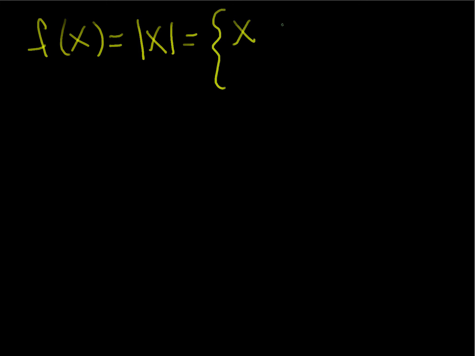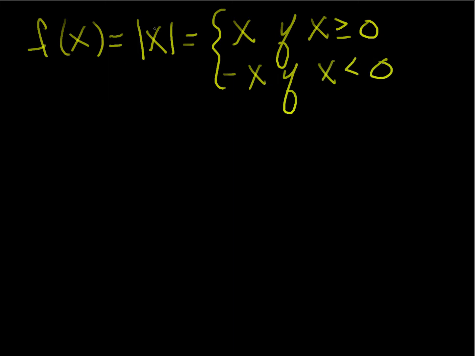So let's remind ourselves how to define that. f of x is the absolute value of x, and I'll use the piecewise definition: it's equal to x if x is positive or 0, and it's equal to negative x if x is negative.